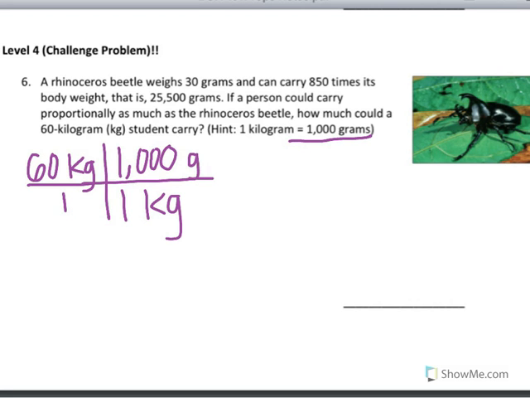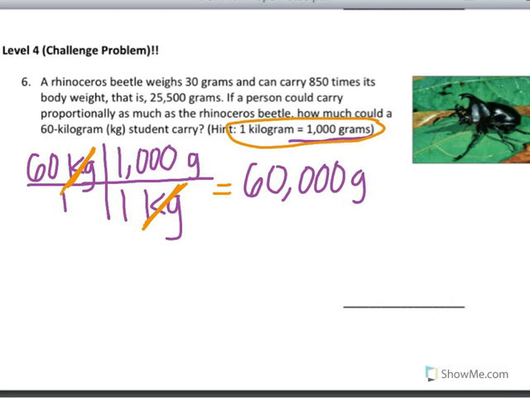And I put my kilograms on the bottom in my conversion factor so that they would properly cancel out, as we see here. So then when I multiply across 60 times 1,000, I'm going to get 60,000 grams. So that's the weight of the person.